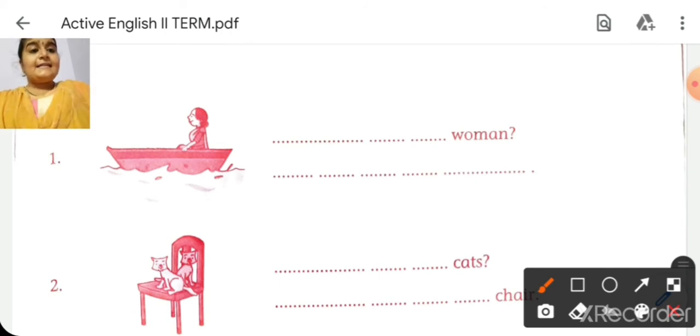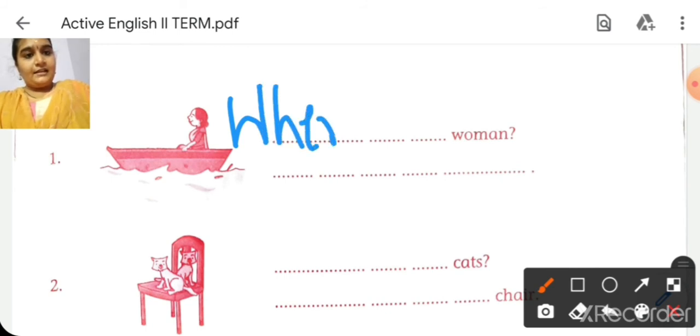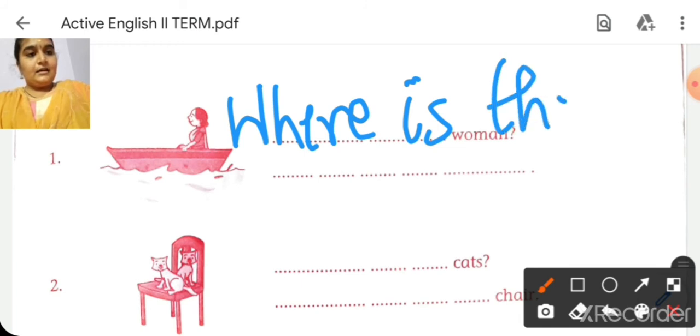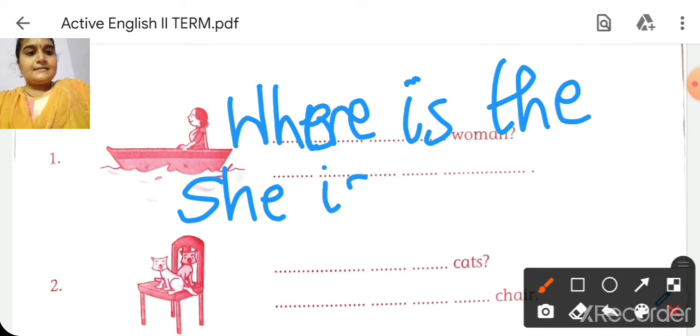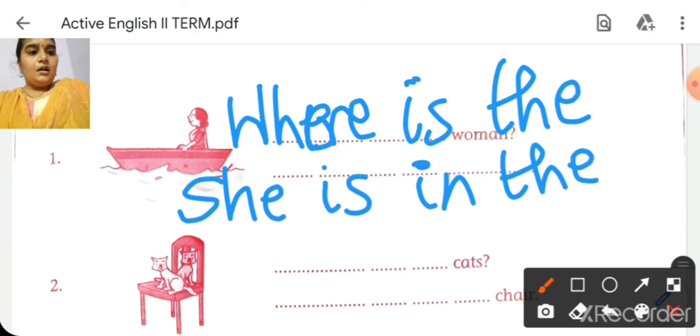Where is the woman? Right? Where is the woman? Okay? It is a gender, right? So we are going to write she. Okay? She is in the boat.